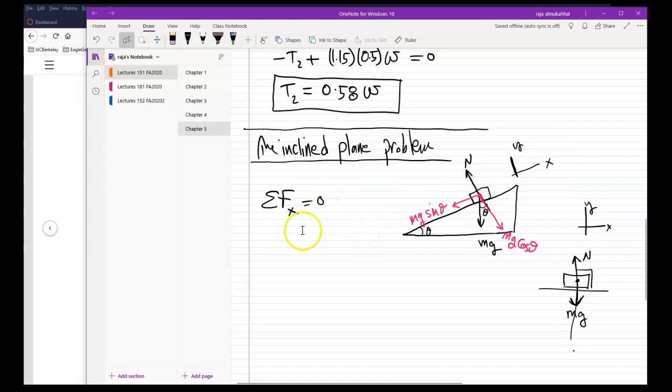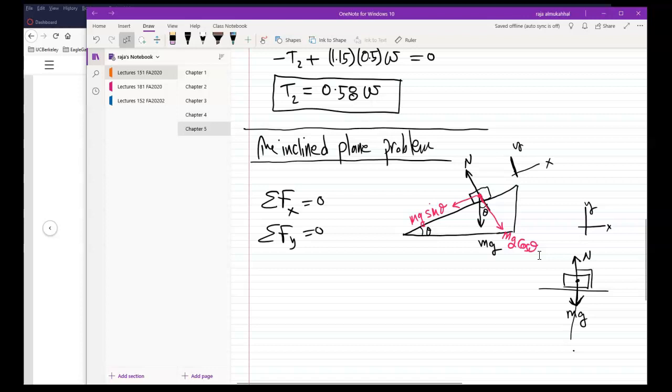So that's mg sine theta, the negative. And then I have the sigma F sub y equals 0, and I have two of them, normal minus. And notice that we've always said that the normal is equal to mg. Well, here on the inclined plane the normal is actually not mg, but mg cosine theta. Got it? Okay, more on that later.